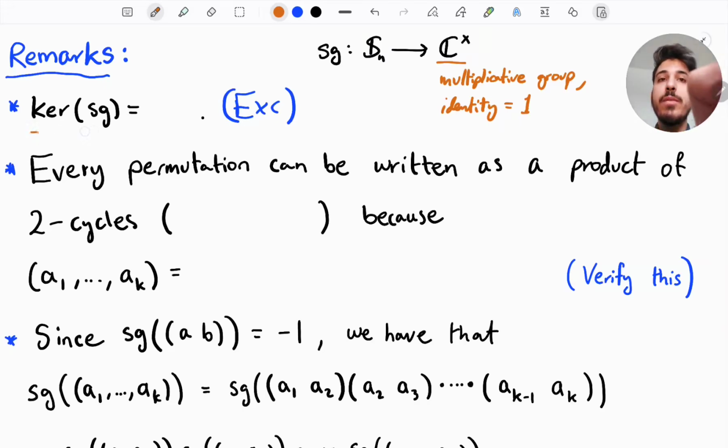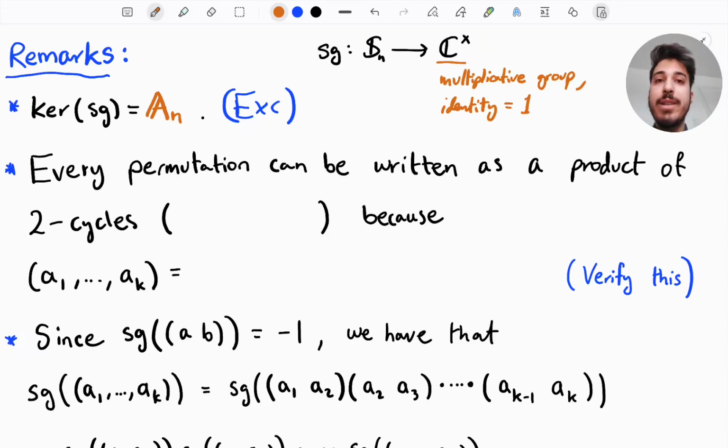So the kernel of the sign is all the permutations such that if we take the sign of their permutation matrix, we will get back 1. In fact, 1 is the identity of C star, and this would be the exact definition of what the alternating group is. So it's exactly the permutations in An, and I leave that to you as an exercise to formally prove that the kernel of the sign is An.